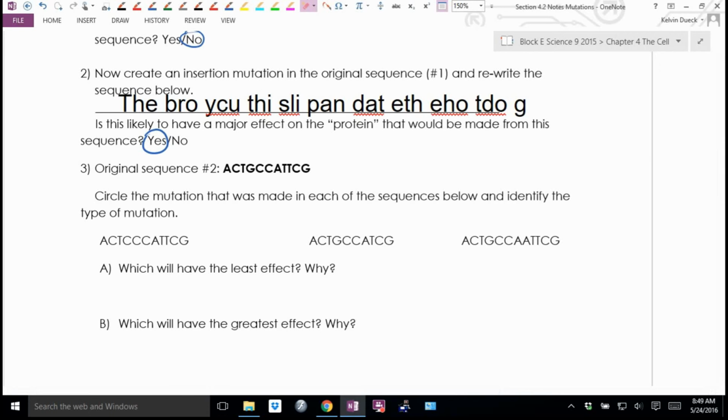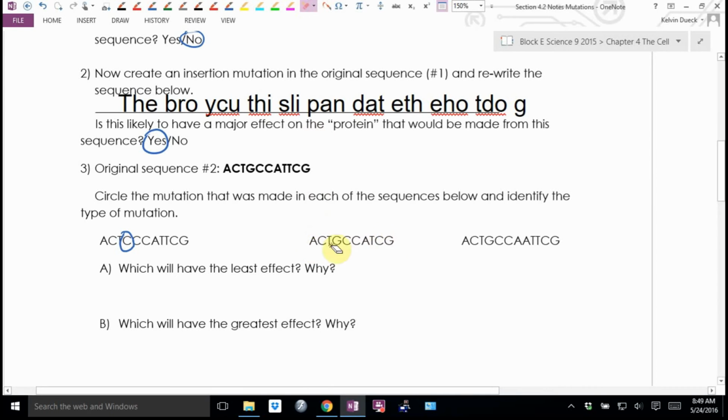What letter number does it occur at? Letter 1, letter 2, letter 4, right there? In the original it was a GCC, now I have a CCC. What kind of a mutation is that? Addition, deletion, substitution. Is that okay, Katie? Yeah?